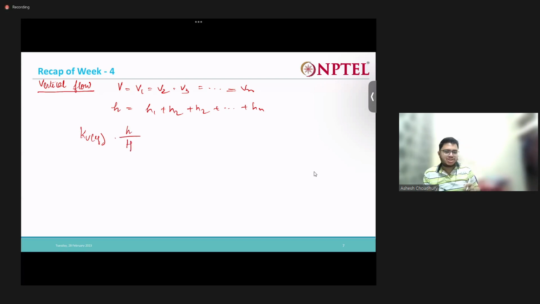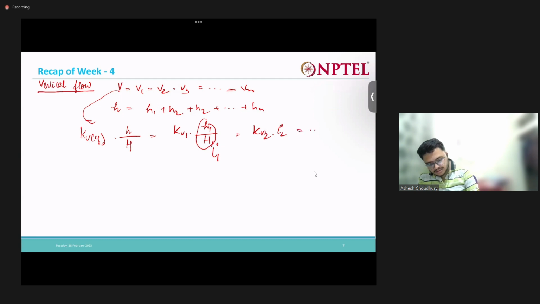So now my Kv equivalent into i is H by H. My total head loss h, occurring along length capital H, I am just writing this expression. h is equal to v1, so Kv1 into i1, where i1 is h1 by H1. Similarly, Kv2 into i2, dot dot, Kvn into in, right?